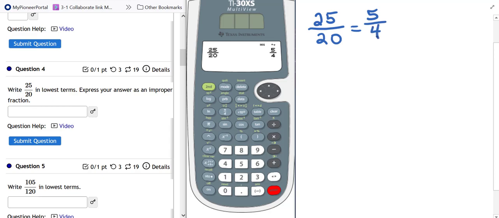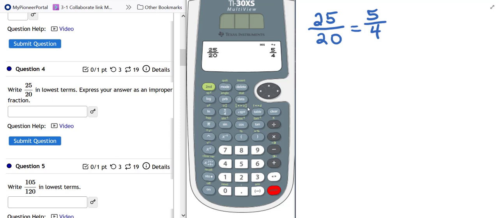Most of the time in algebra, we would rather have the improper fraction. If you needed to change it to a mixed number, you could, and you don't for this particular assignment, but it is in the third column. The button you're going to push is right beside your fraction button, but you want it to do the item above, which will change it from an improper fraction to a mixed number.